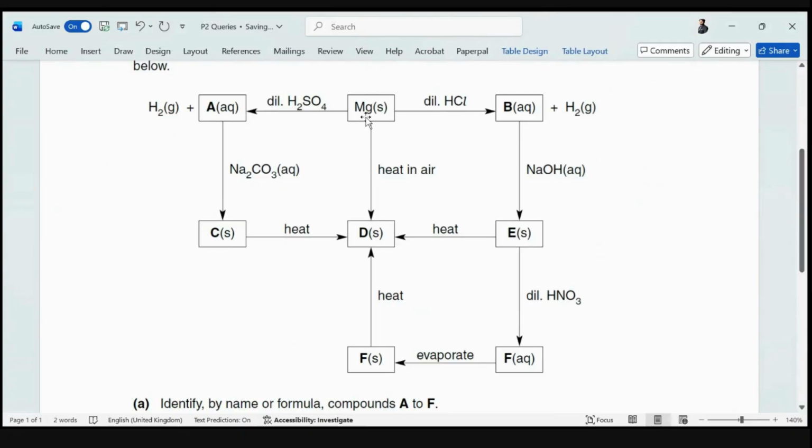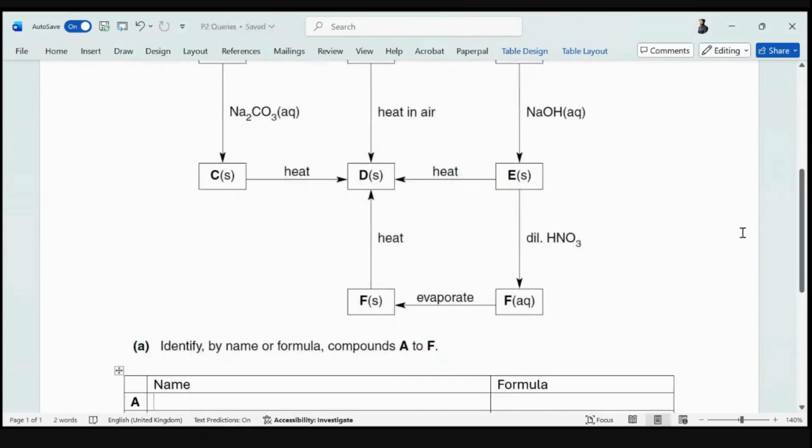If I have magnesium and I put it in dilute sulfuric acid, what do I get? Hydrogen gas and magnesium sulfate. So the name is magnesium sulfate and the formula is MgSO4. Is that right?